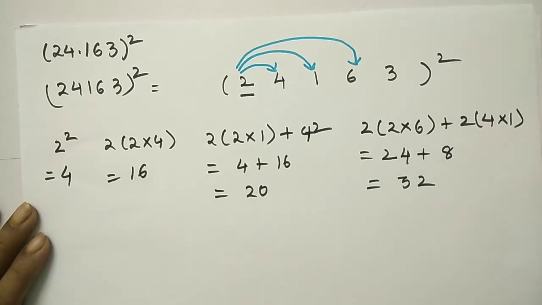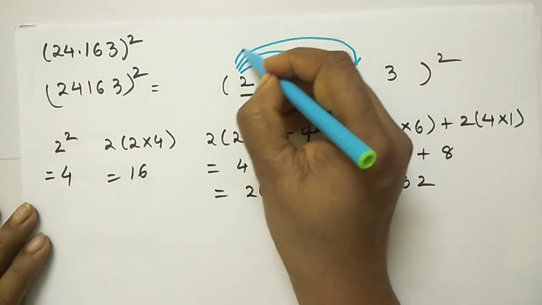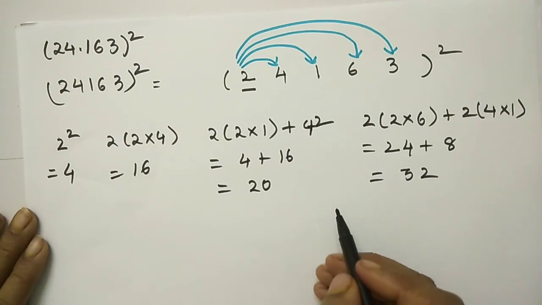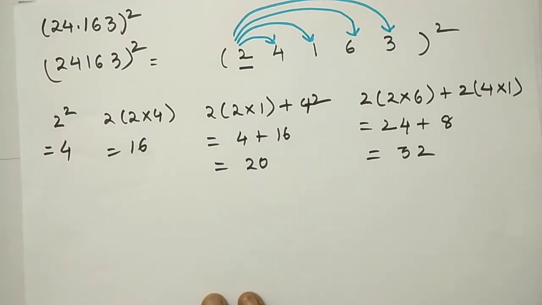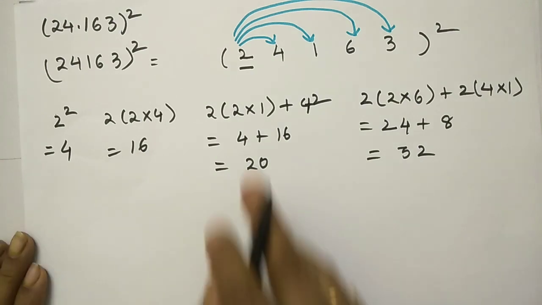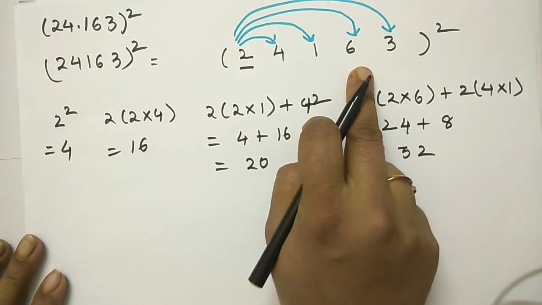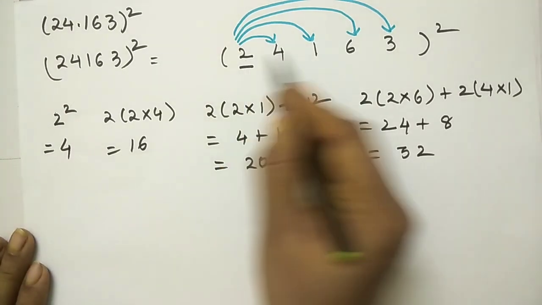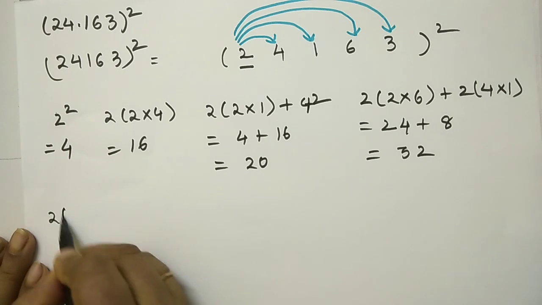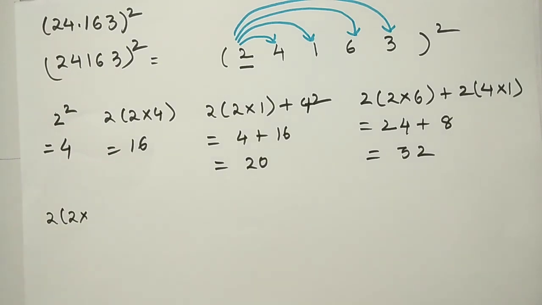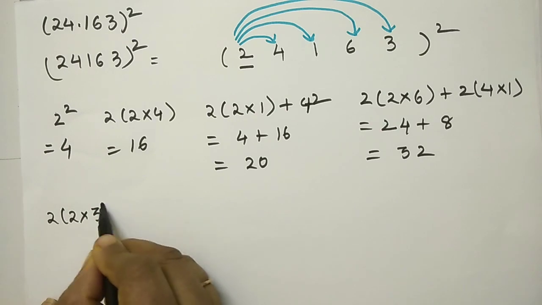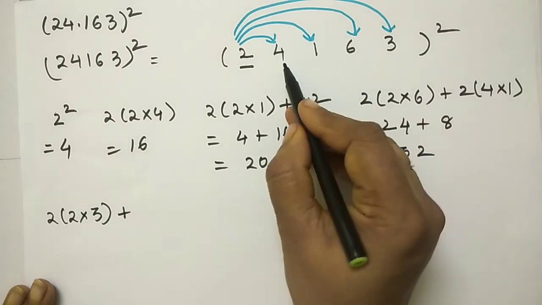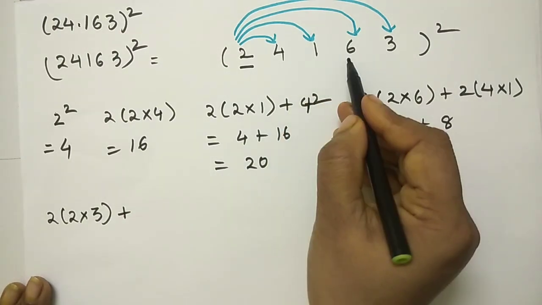Next you have to calculate the product of 2 into 3. In the middle you are having 3 numbers. Carefully observe how I am writing. So 2 into 3. Next you are having 3 middle numbers, 4, 1, 6, is it not?